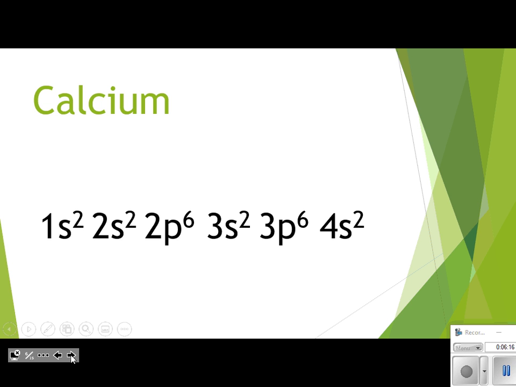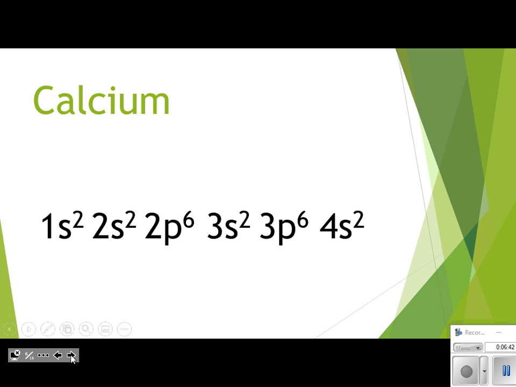Now, let me ask you this: what is my outermost energy level? The 4th energy level. How many electrons are on that 4th energy level? 2. So I have 2 valence electrons.